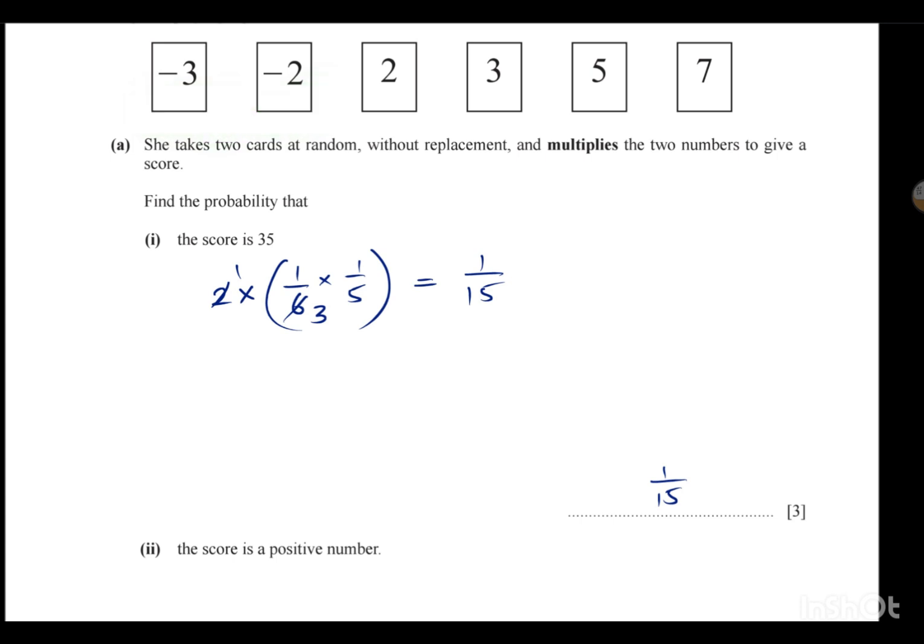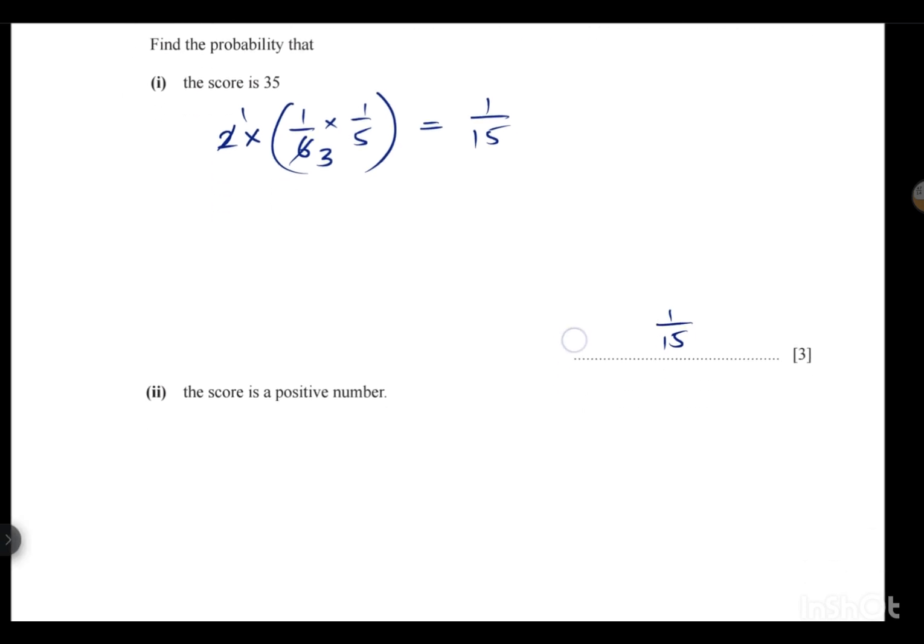Okay, so 2, 3, 5, 7. The probability of getting one of 2, 3, 5, 7 is 1, 2, 3, 4, 5, 6, 1 out of 6. From the whole, if I take 1 minus, the probability of getting any positive number is 1 out of 6, and then getting a negative number is 1 out of 5.